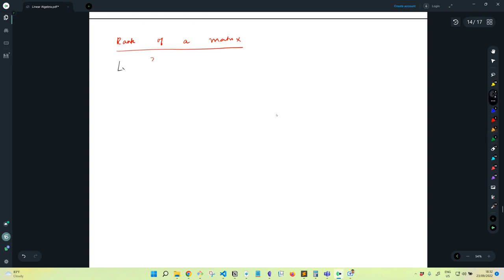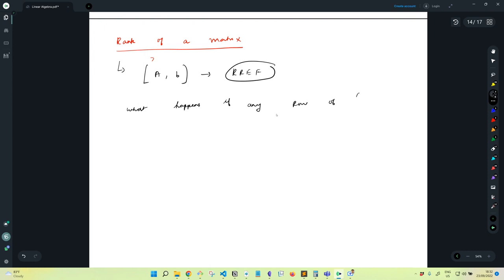So when you solve a system of linear equations, you have this augmented matrix A comma b. If you convert this A comma b to RREF, what will happen if you encounter a row that is all zero? I'm not giving the definition of rank as of now; let me motivate rank.